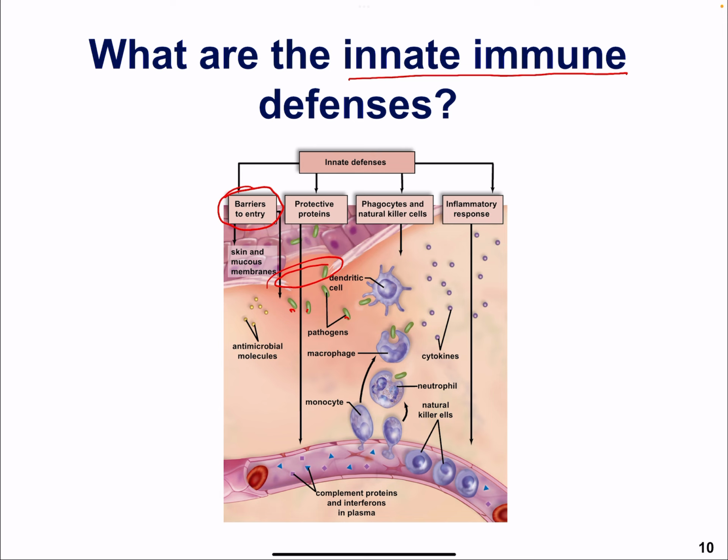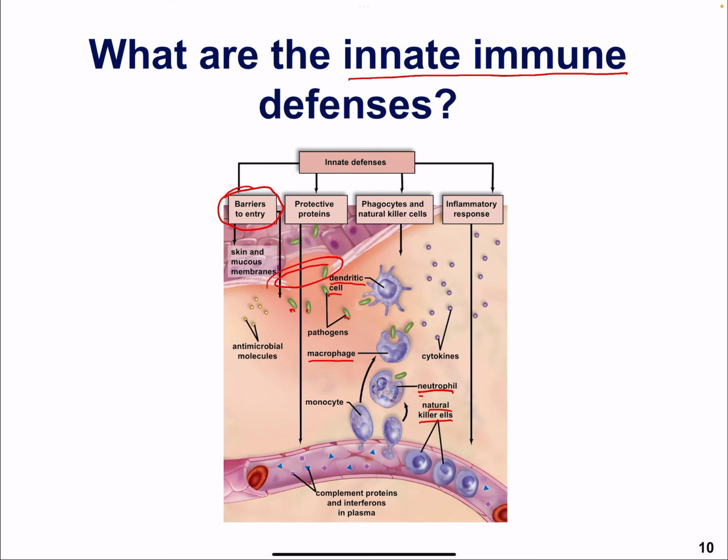And this is where the second line of defense comes into play. That second line of defense is going to involve some white blood cells, including dendritic cells, macrophages, neutrophils, and natural killer cells. These are all cells that are involved in the second line of defense.